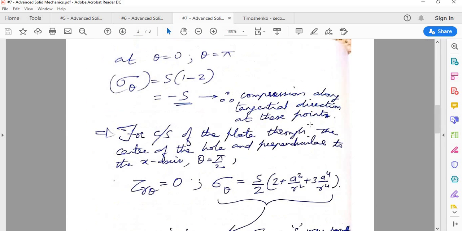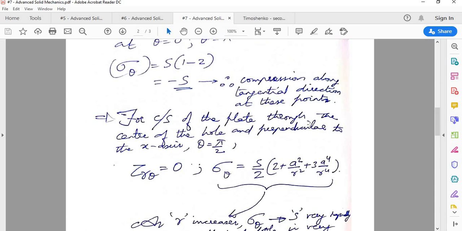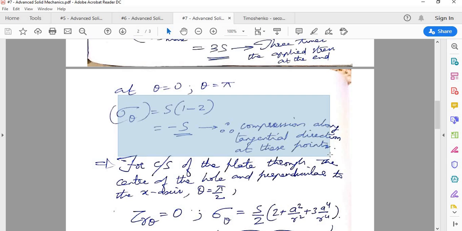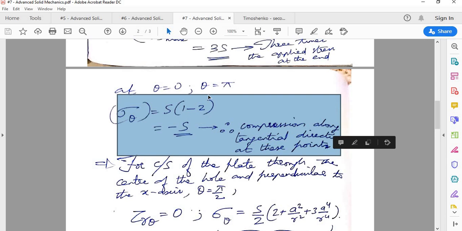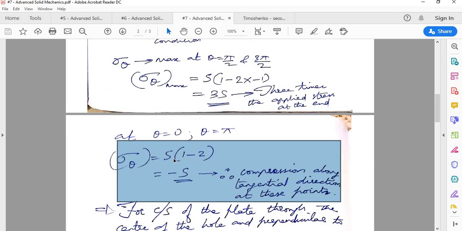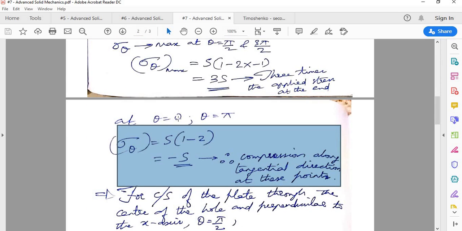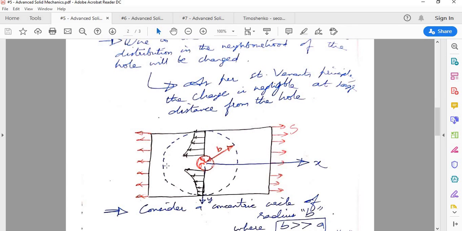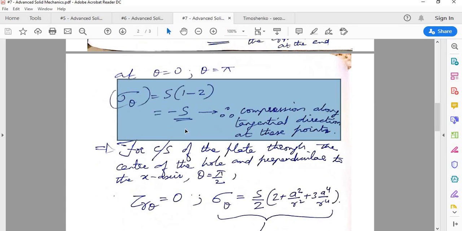Which are nothing but the interpretation of these formulas. And there are some other things also. If you substitute certain values, you'll get those values. So sigma theta at theta equal to 0 or theta equal to pi is basically this location and this location. You will have an equal compressive stress.